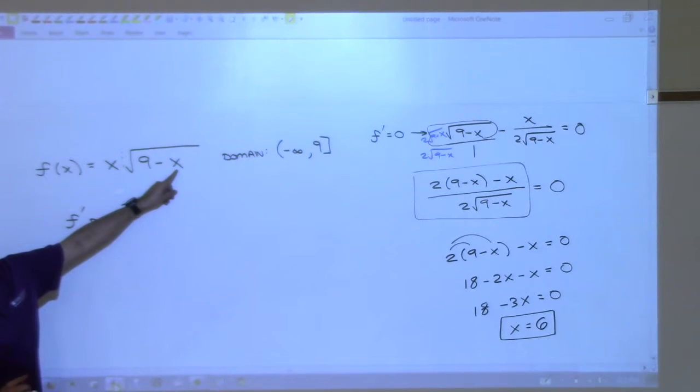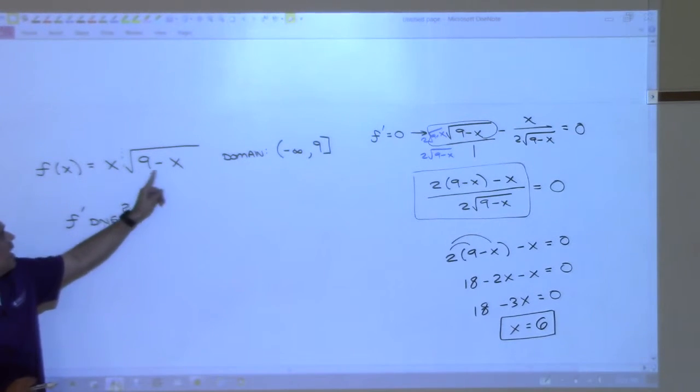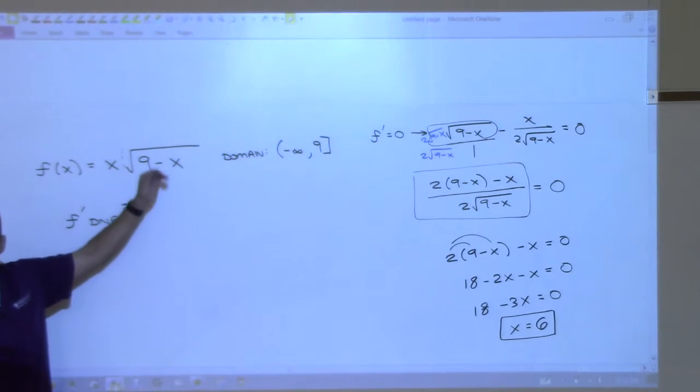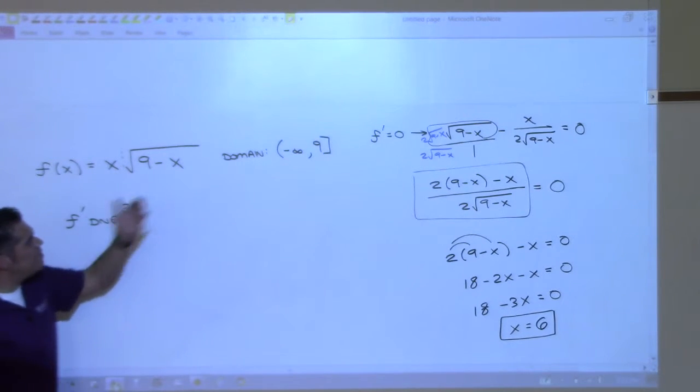So anything smaller than 9 would be okay. 9 would work here, right? 8 would work here? 7? 6? Are you agreeing? And if I put a negative number here, like negative 5, I do 9 minus negative 5, that's 9 plus 5. That's okay, the square root is fine. So this is my domain.